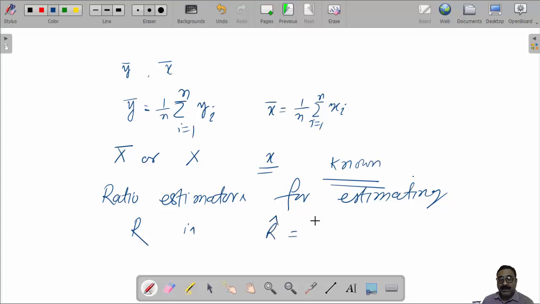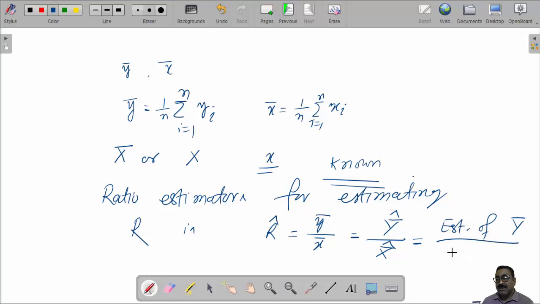So the ratio estimator for estimating the population ratio R is given by R cap, which is equal to y bar by x bar, that is, the estimate of Y bar divided by the estimate of X bar.